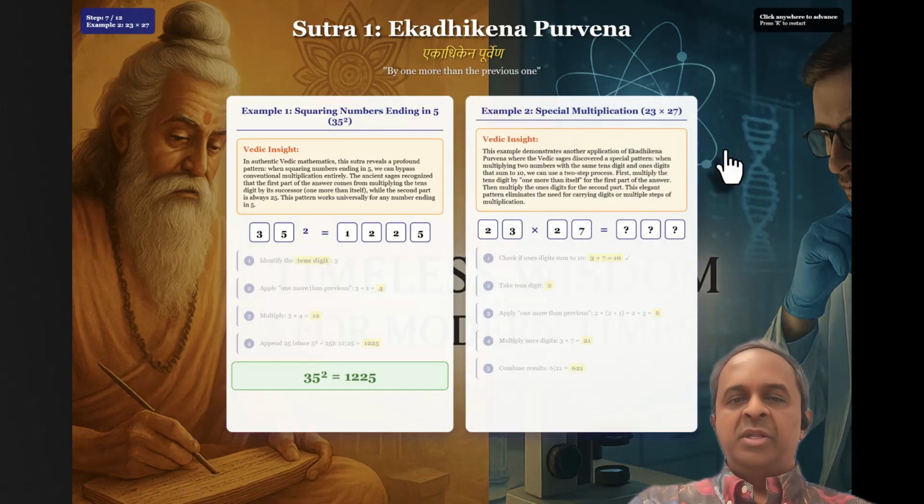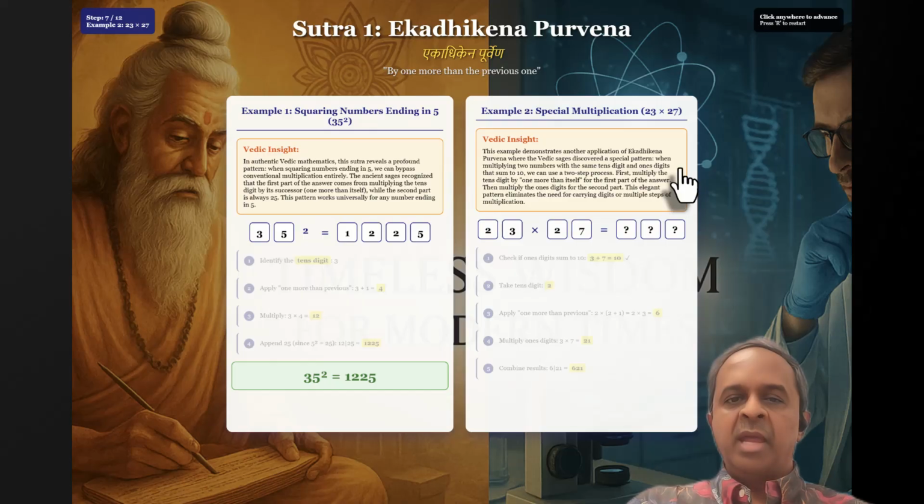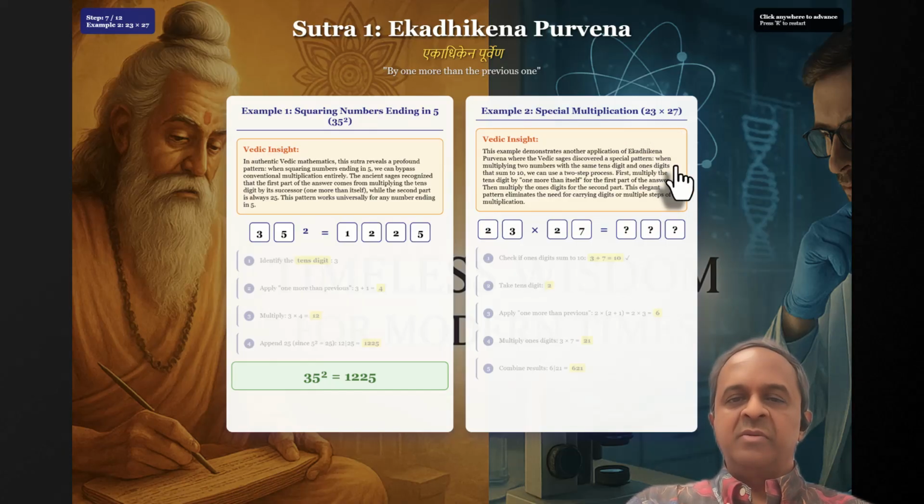This example demonstrates another application of Ekadhikena Purvena, where the Vedic sages discovered a special pattern when multiplying two numbers with the same tens digit, 2 and 2, and the units digits, 3 and 7, that sum up to 10.